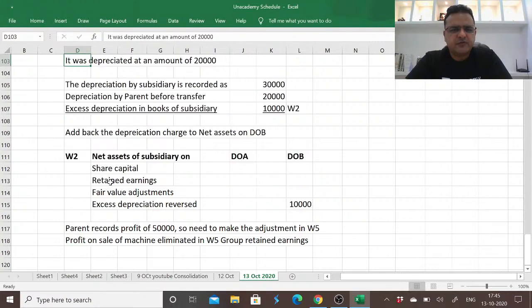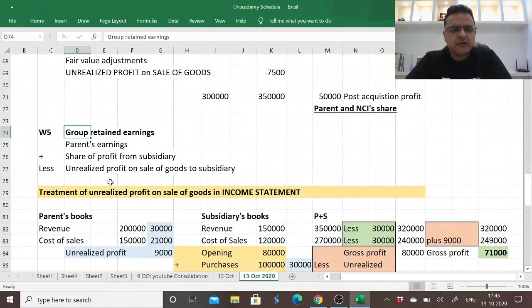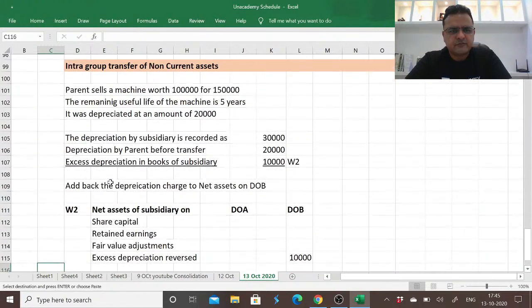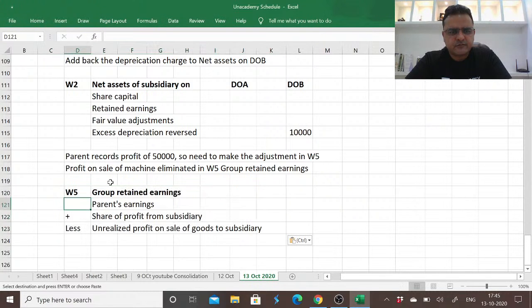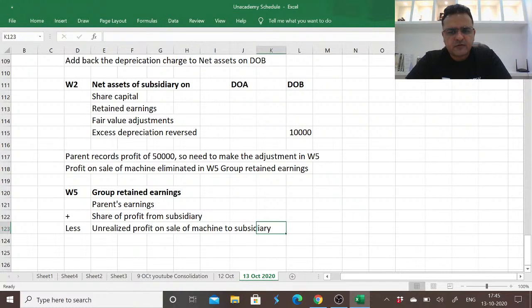Working note number 5, group retained earnings: add back unrealized profit on sale of machine to subsidiary, minus 50,000.